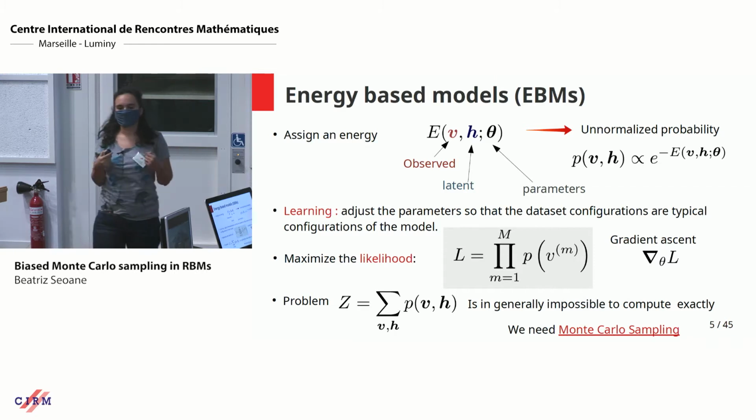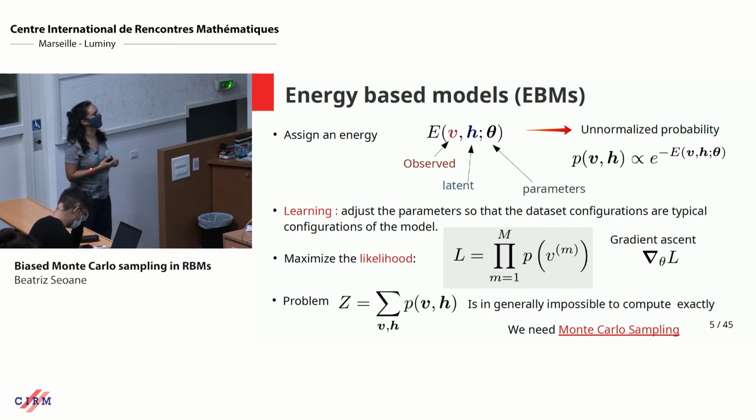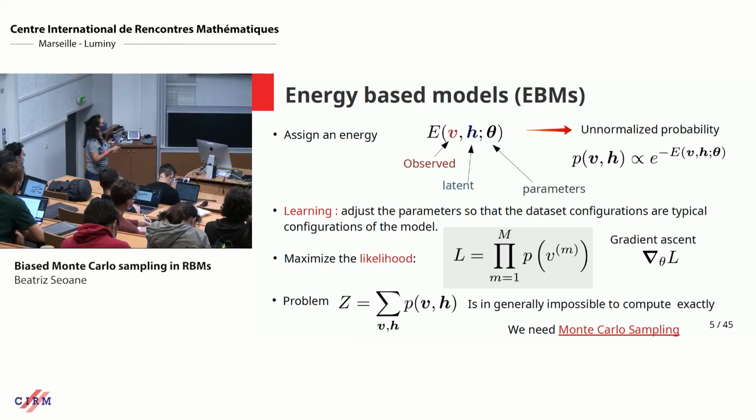So the goal of the learning is to find the parameters so that the data set can be typical samples of this probability. This is normally done by maximizing the log likelihood, that is nothing but maximizing the probability of finding the samples that we had in our data set, and we do it by gradient ascent.